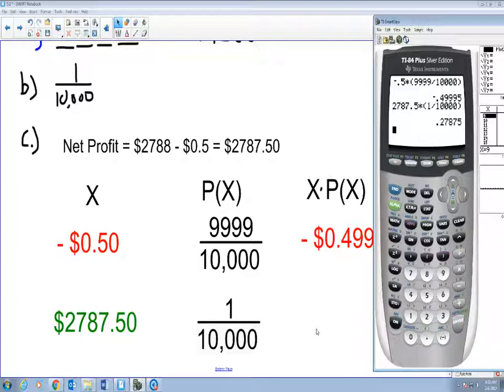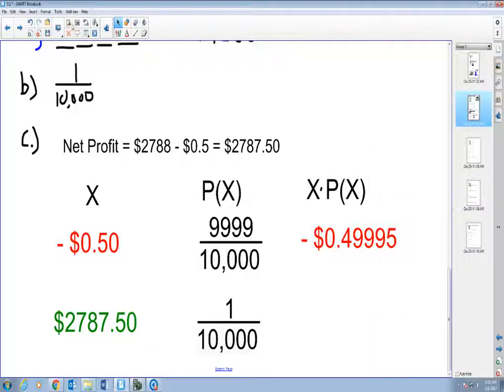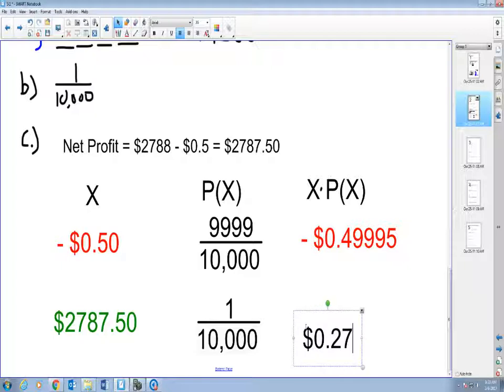Point 287, 2.27875. So 0.27875, put that in green.